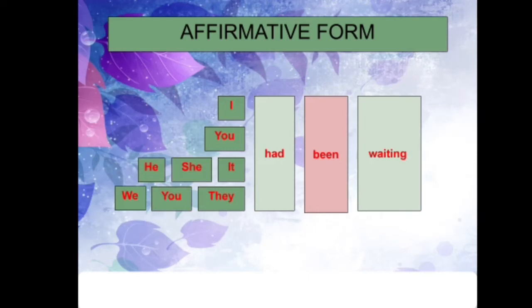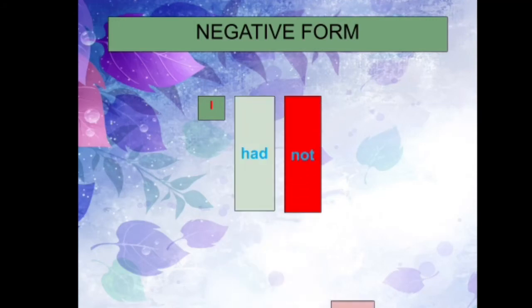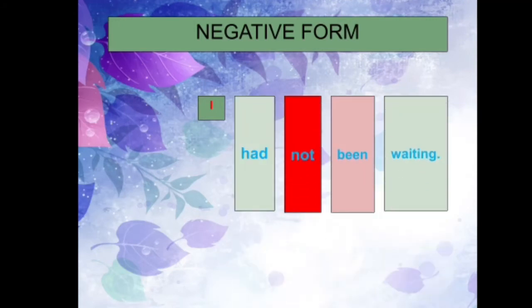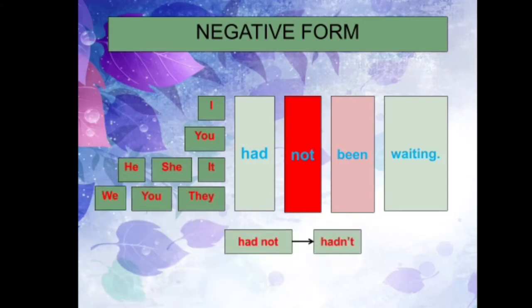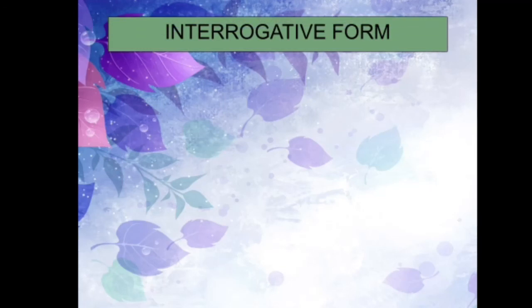So our main form will be had been in the past perfect continuous. The negative will be had not been waiting, or had not been and verb with ing. And you can use the short form. Now the question, had will be our helper for sure, then your subject, been, and verb with ing.